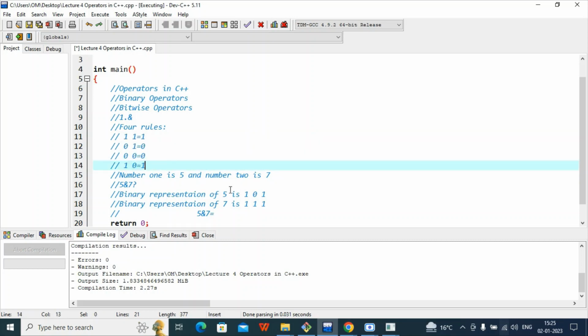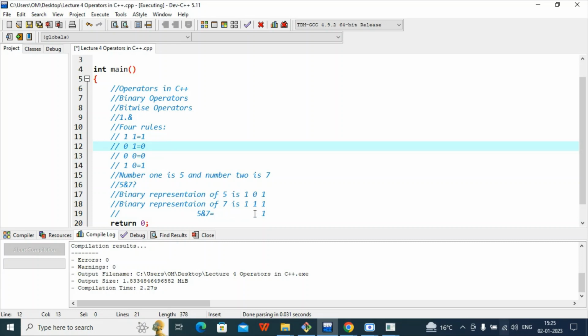How do you do it? See, this is 1 and this is 1. What will you get? See the table. You will get a 1. So simply write a 1. Now come here, 0 and 1. See the table. What will you get?